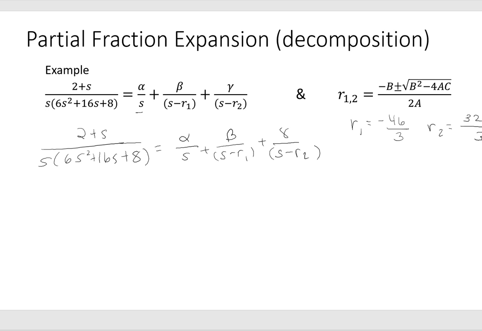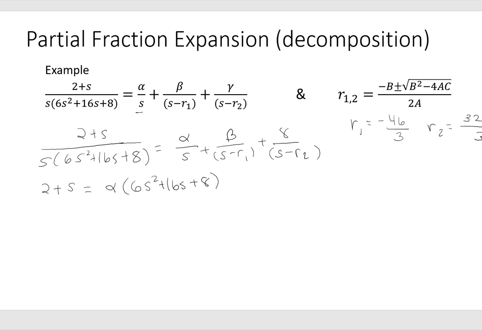The next thing we'll do is multiply the right side by the denominator from the left side. By doing this, I get 2 plus s is equal to, in the first term, the s is going to cancel out on the bottom, so it's alpha times (6s squared plus 16s plus 8).